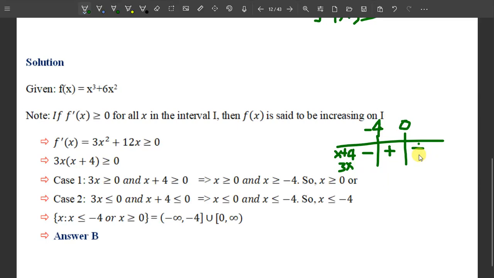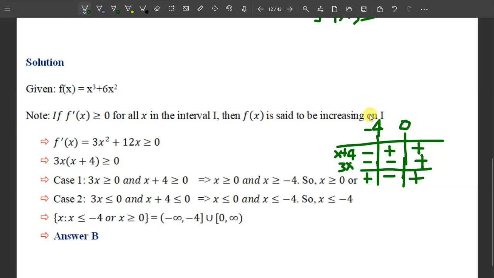And as you know, any number which is less than 0 is negative, so put negative here. But any number which is greater than 0 is positive. And then multiply these signs. Negative times negative gives us positive here. Positive times negative is negative. And positive times positive becomes positive.